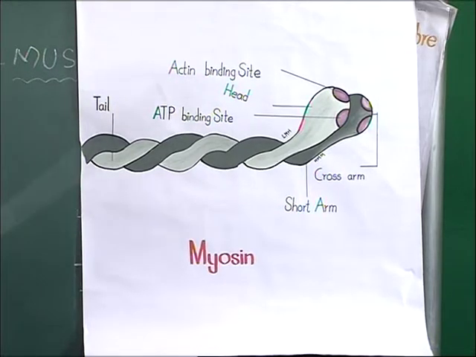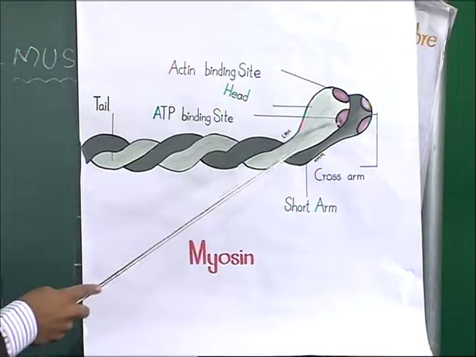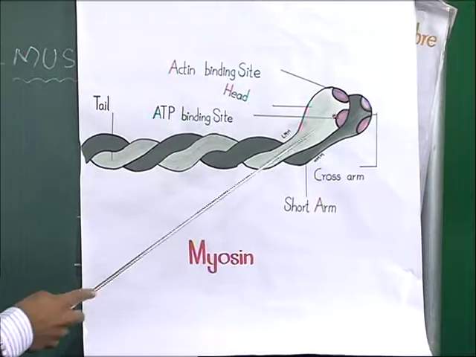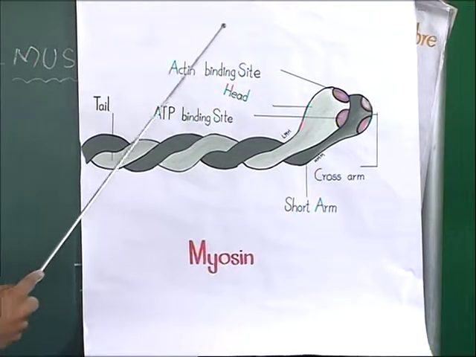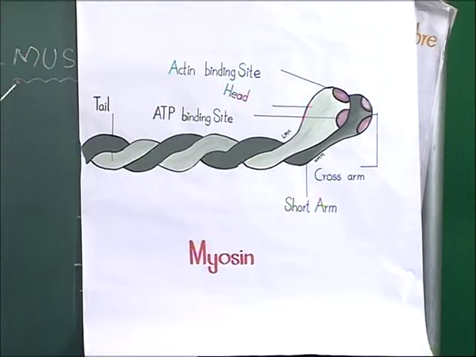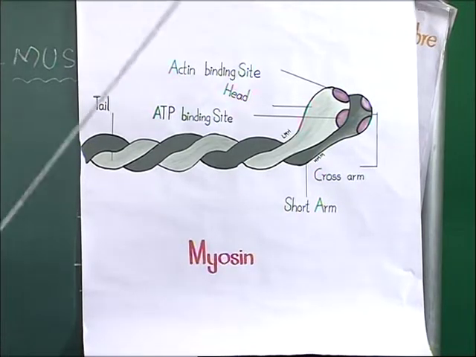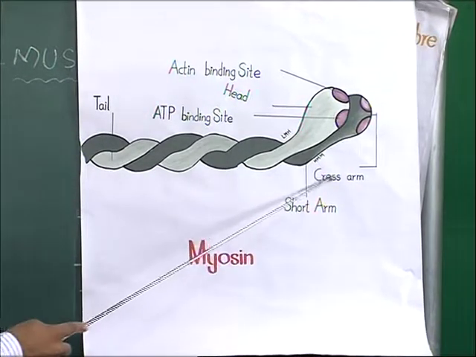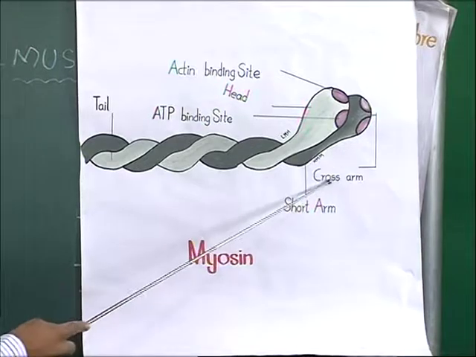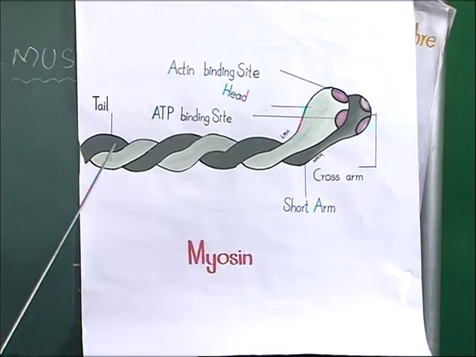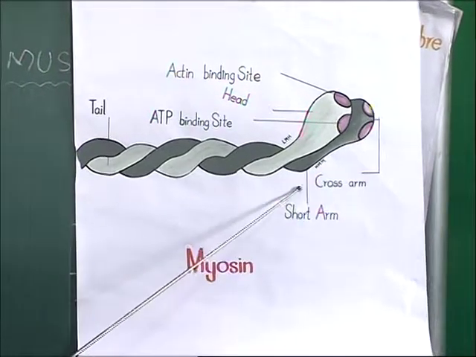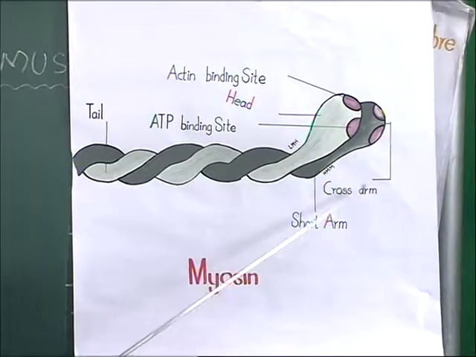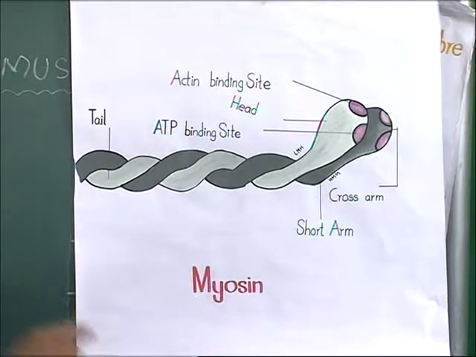Are you following me? Yes, very good. So this cross arm is flexible, in between the tail and head region.